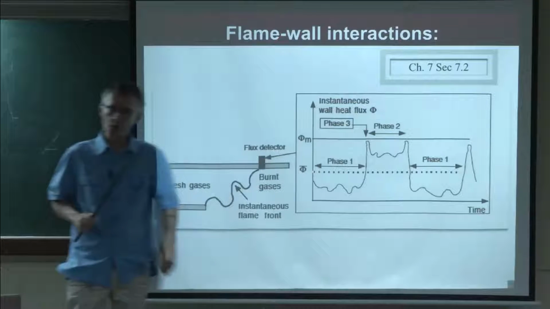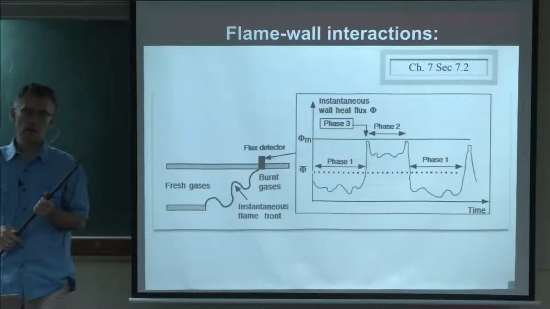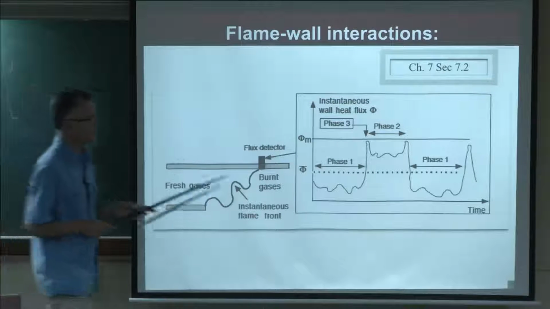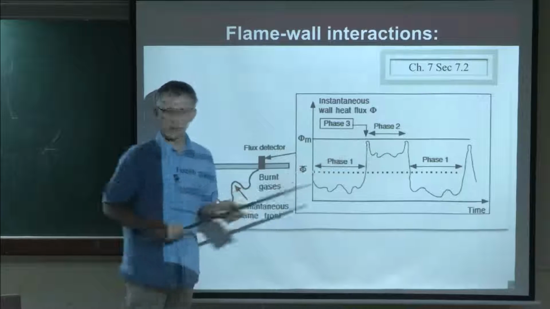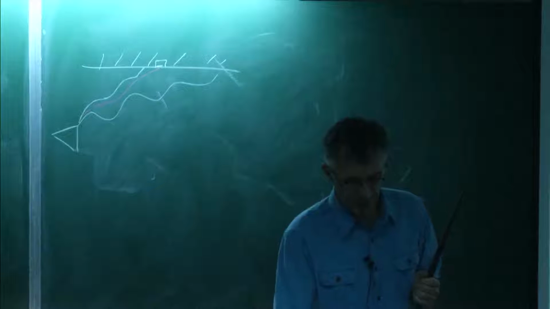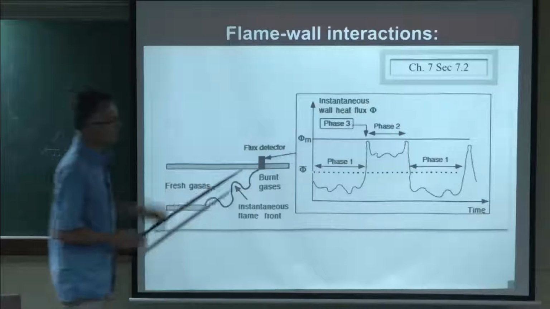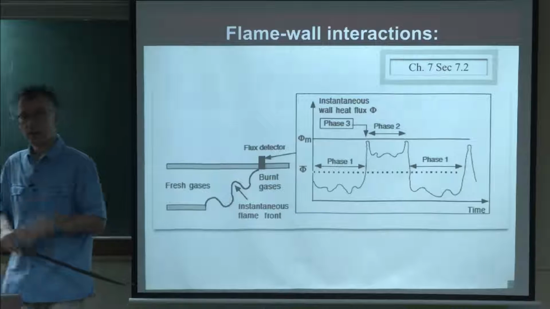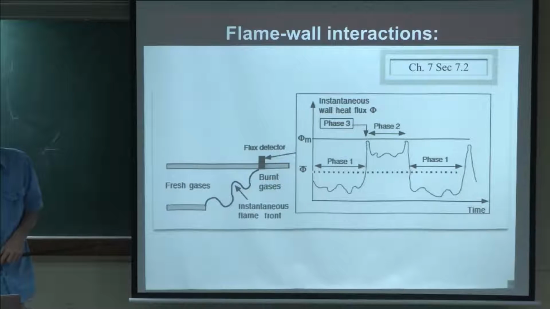And our first problem, if you want to work on this heat transfer problem, is to be able to have an idea of the order of magnitude of all these things. So people have looked at this problem for a long time. And the first thing we did was to look at this phase here. You can build an academic, again, a canonical problem for that, which is called head-on quenching.